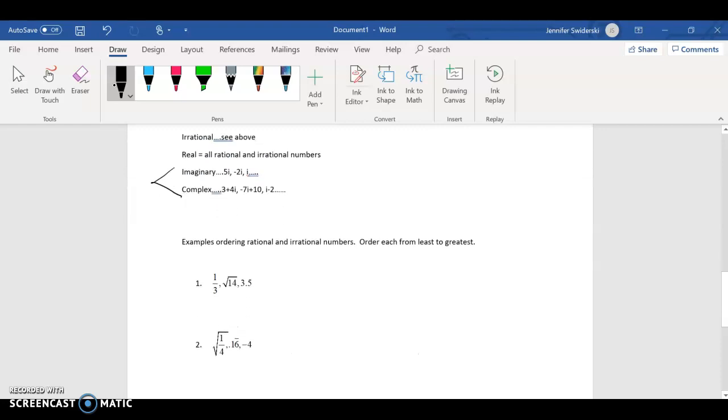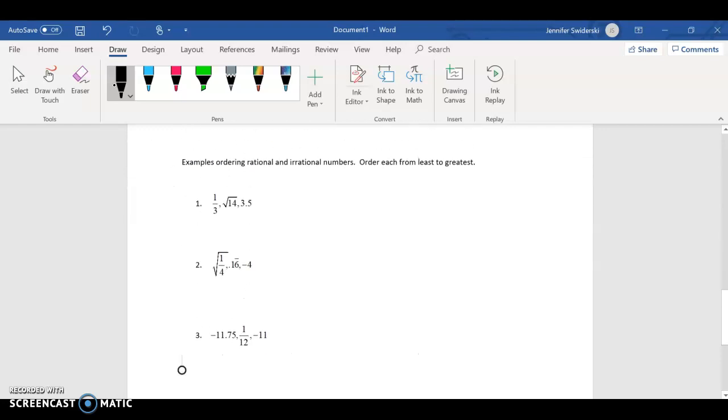Okay, so down below, let's go over a few examples of ordering rational and irrational numbers from least to greatest. So when you're doing this, I always like to convert fractions into decimals and compare them. So 1/3, well, I know because I have this memorized that it's 0.3 repeating.